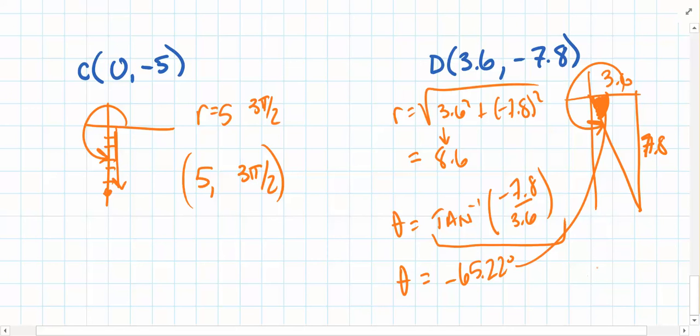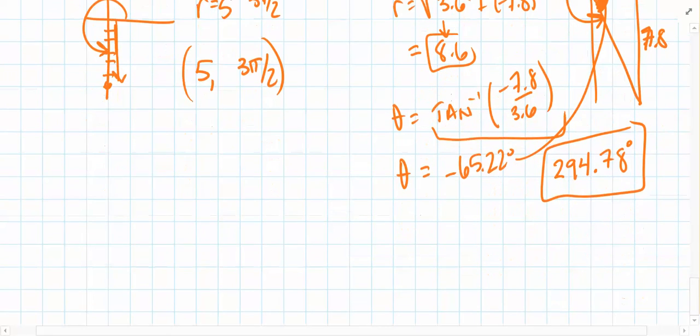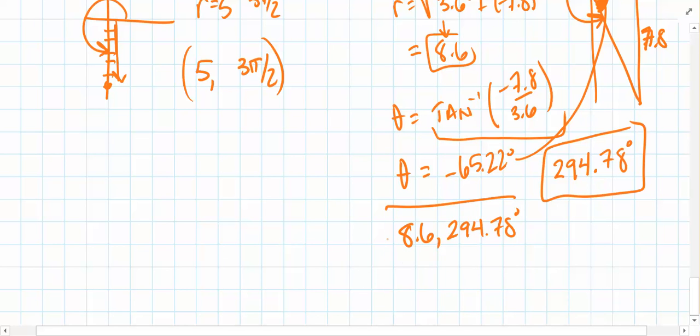So we would adjust and find the difference from 360 degrees, and you get 294.78 if I did that correctly. Okay, so there's my theta and there's my r. So the answer, the way that I put it in the back, is 8.6 comma 294.78. All right, and there you go.